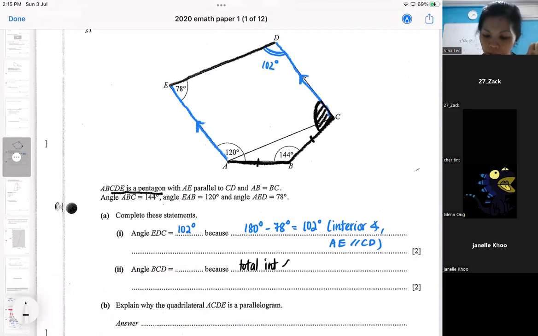Total interior angle, that is a pentagon, 5-sided. I hope you still remember this formula. So you will get 540, and therefore it will be 540 subtracting all the other angles.